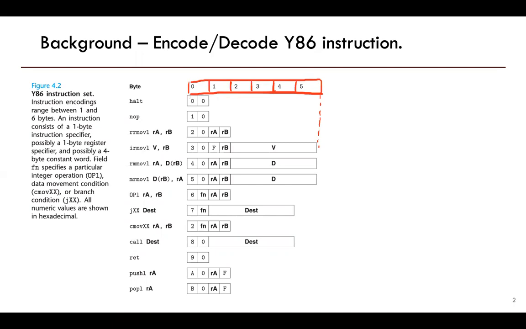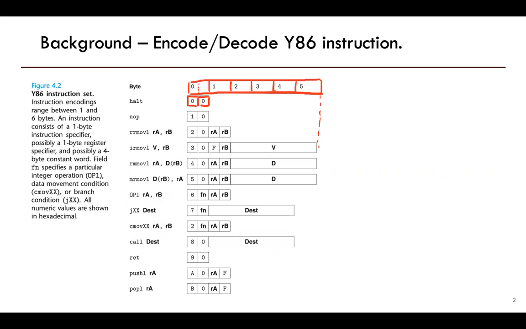And what about these small boxes here? One small box is half of 1 byte, so 4 bits. The first box fits into the first half of byte 0, and the second box fits into the second 4 bits of byte 0.